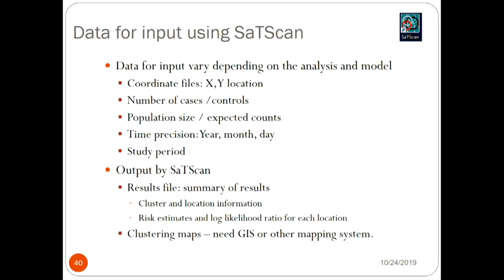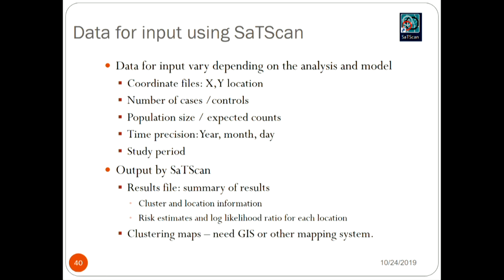Okay. So for SaTScan, you will need to have input of the XY location, and we also need to know the number of cases. That's the number of cases for a Poisson model. If I use a Bernoulli model, we also need to know the cases and the controls, and then the population size, and all the expected counts here.